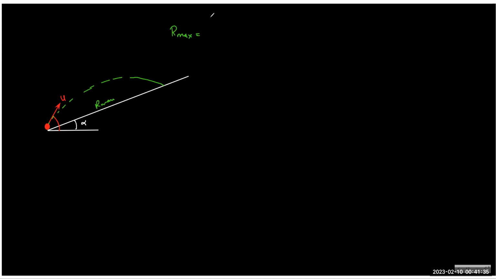That's the correct answer. And range would be u square by g into 1 plus sin alpha. You derived? No, I'm deriving it. Do it fast. I want the derivation in 2 minutes.